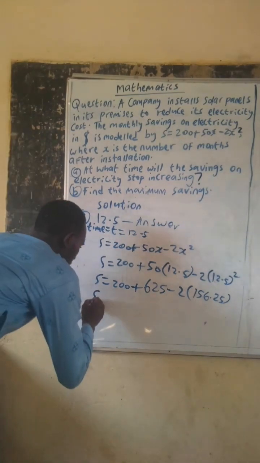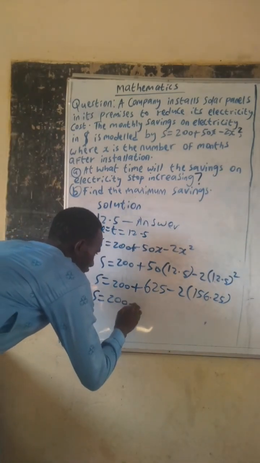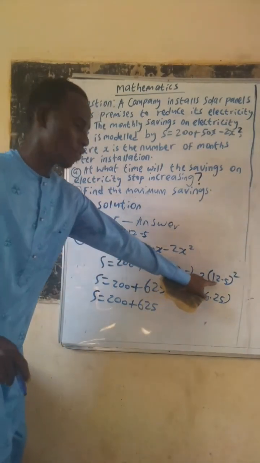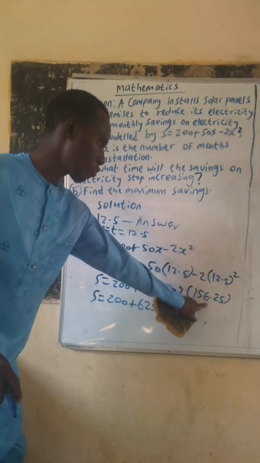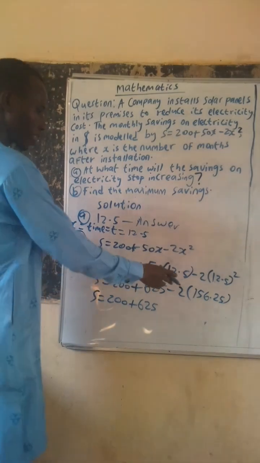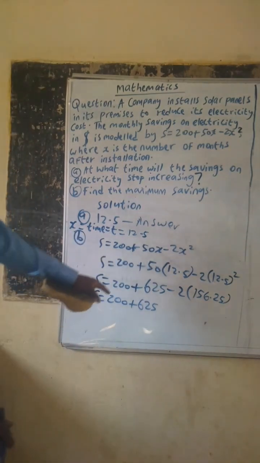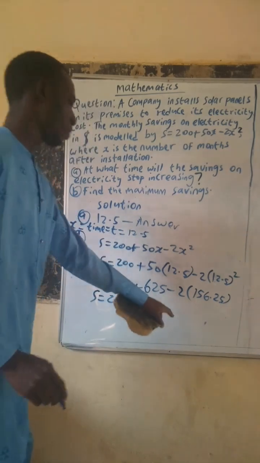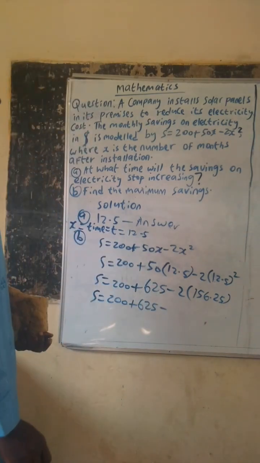So we have S equals 200 plus 625, and that's how we got 156.25. What next? We have minus 2 multiplied by 156.25.